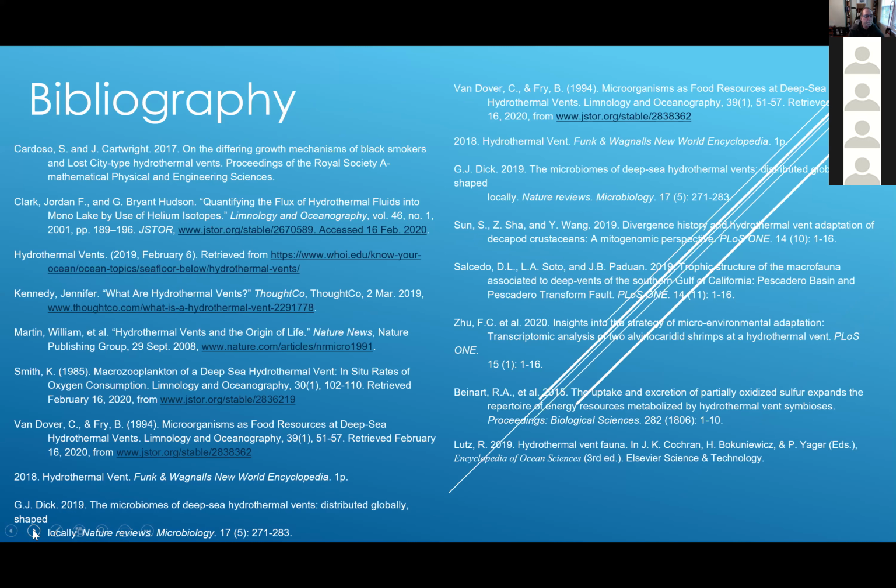Okay, so these are some of the sources we used. A lot of them are newer, just because some of the newer technology was necessary to see the events and how the fauna react in their environments. A lot of them were taken from JSTOR and a lot of the school system databases that we used.